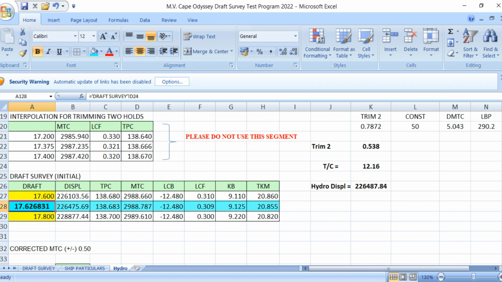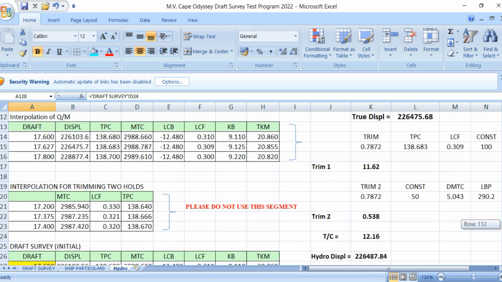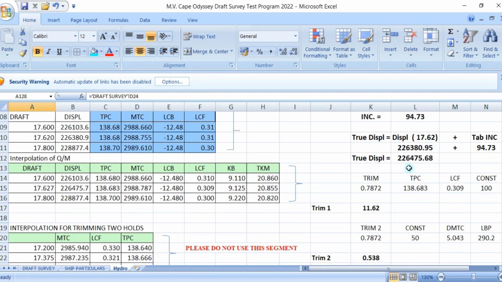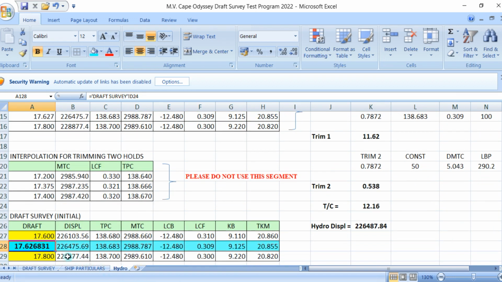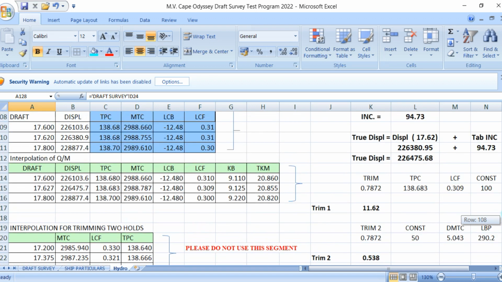So it is the same here by using the increments, 226475.68, and we have here 226475.69. So this is a matter of interpolation, and this is by increments. Okay, and I hope that is clear.